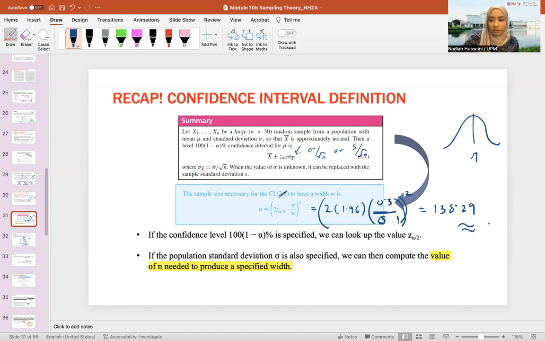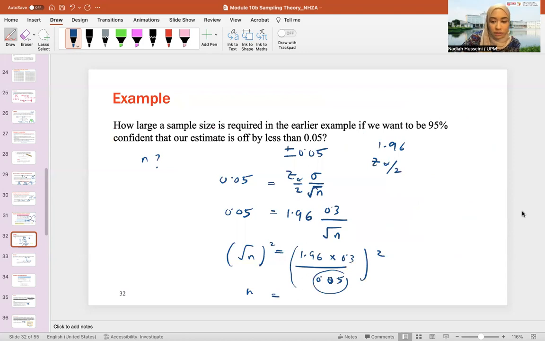Make it a whole number. Let's just say 139. Okay. So if it's greater than 138, you make it a whole number to become 139. So if it's 137.9, then it becomes 138. You get the idea. It's not round off because it's not yet 0.5.